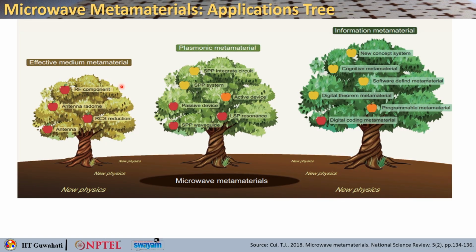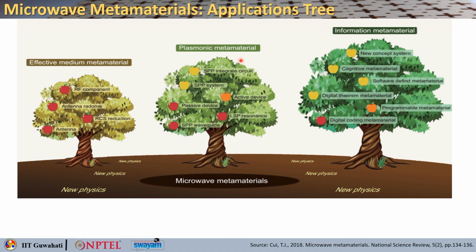If you think of effective medium metamaterials, you can design RF components, antenna radomes, RCS reduction, and different new antennas based on that, right. These are some key devices and components that are typically unavailable with the traditional techniques, but using effective media metamaterial you will be able to design those.